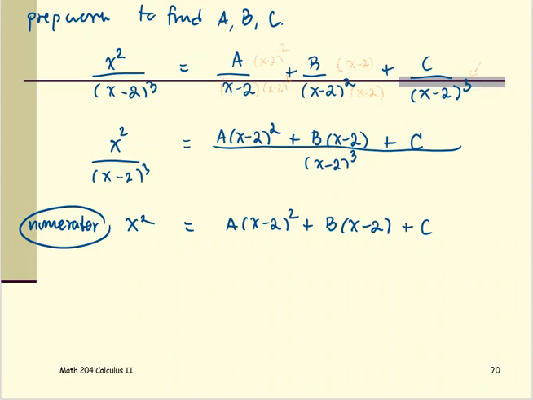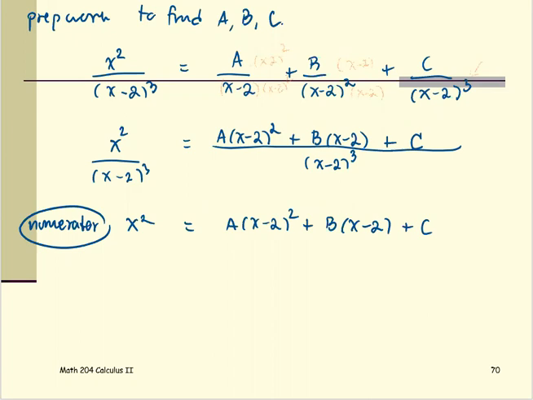In this case, you can expand them all out and equate the coefficient of each part of the x, which is a lot of algebra work to do. So the preferred method for me, I pick convenient numbers. Since I have to find the 3 numbers A, B, C, I'm gonna pick 3 convenient numbers.